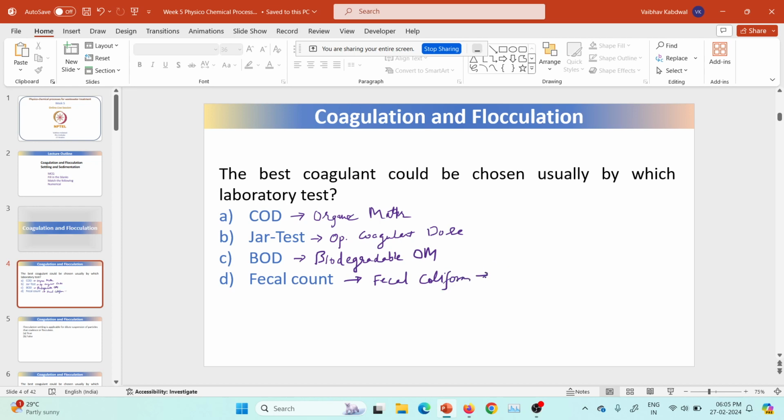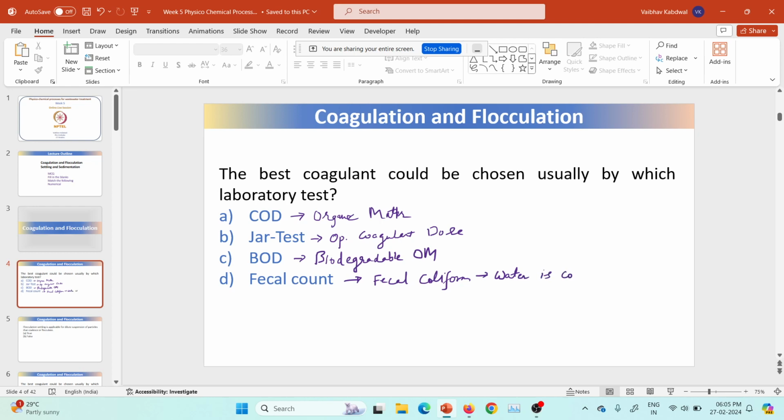Fecal coliform are the group of organisms which act as an indicator of microbes present in the feces. So they will tell whether the water is contaminated with harmful, disease-causing microbes or not.